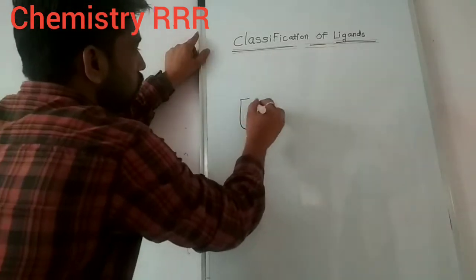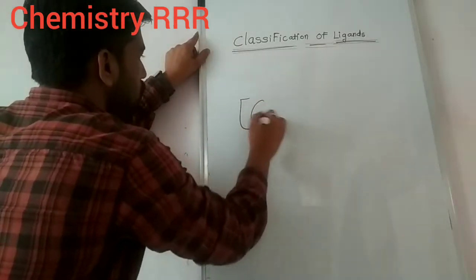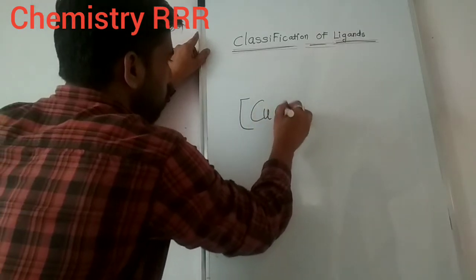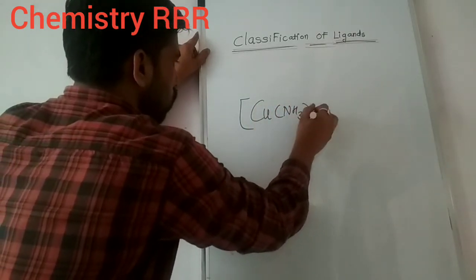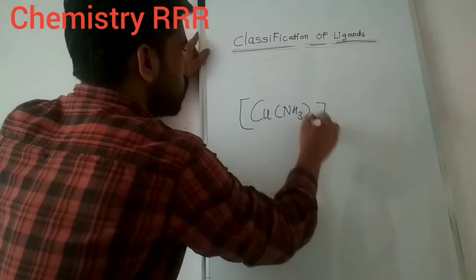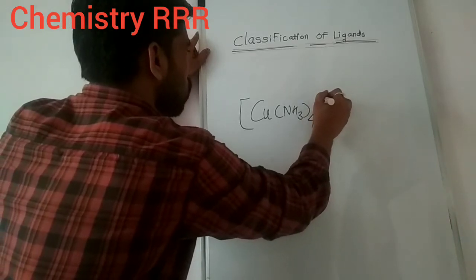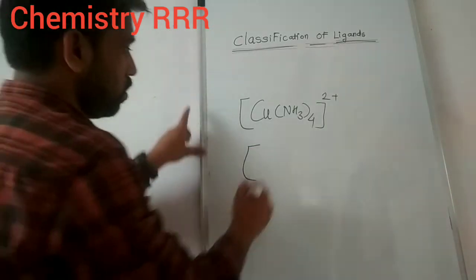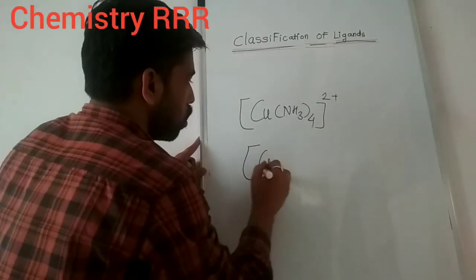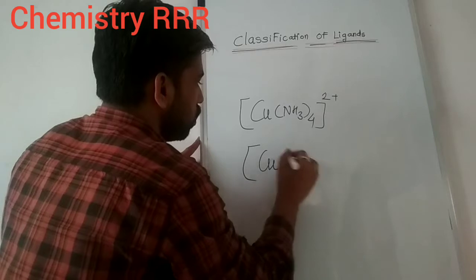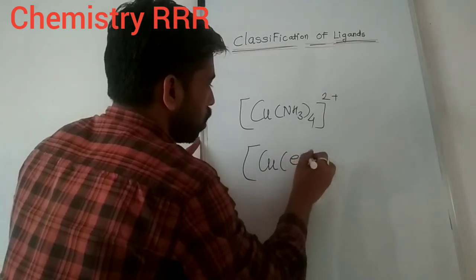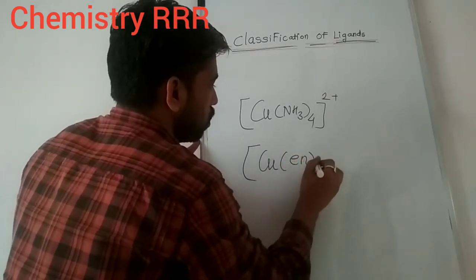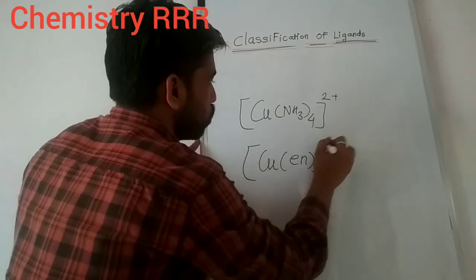Now let's look towards this example. Copper ammonia 4 times, plus 2, and another example is copper en 2 times, plus 2.